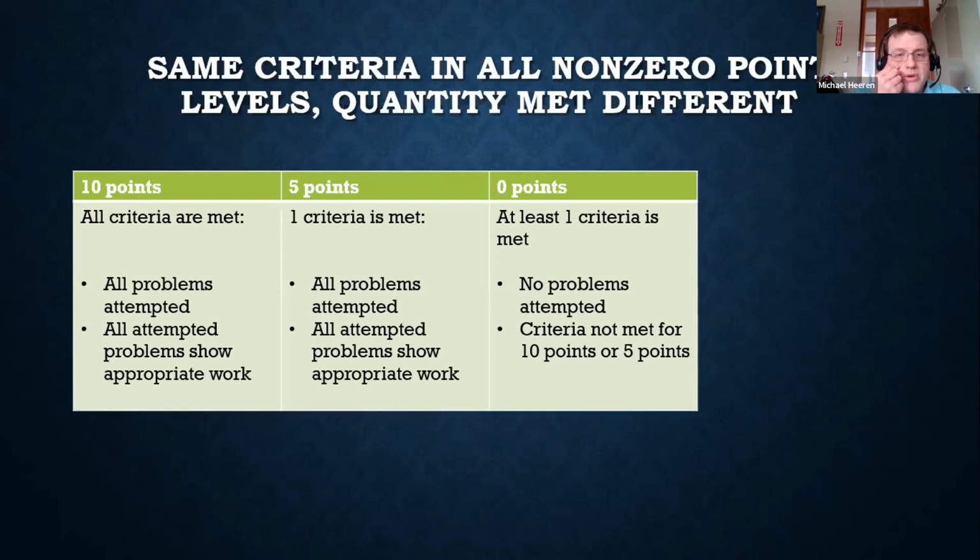Notice that we're careful in here so that if a student maybe didn't do all the problems, there's still an opportunity for them to get some credit if they at least showed the work in the problems that they did do. Because if you said attempted all problems and all problems show the appropriate work for your categories, even though you have a 10, a 5, and a 0, really the only points possible are the 10 and the 0.